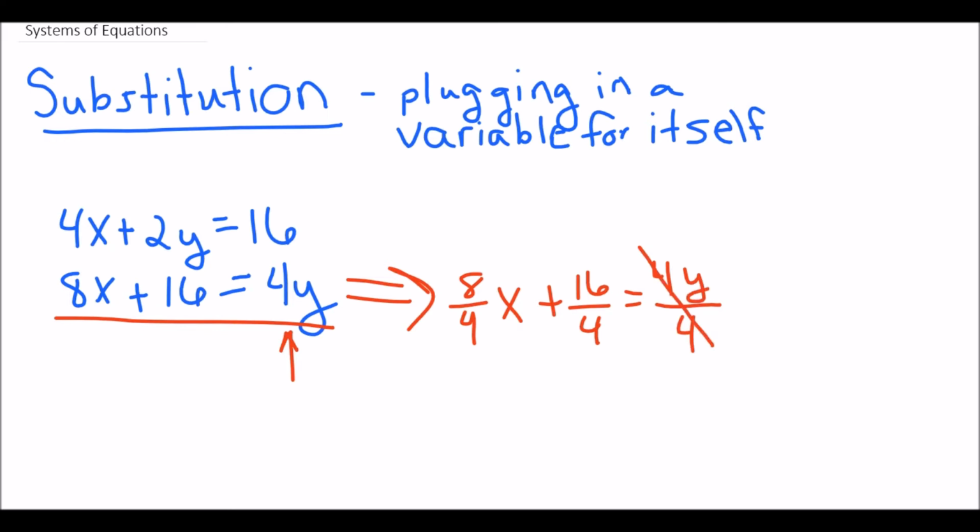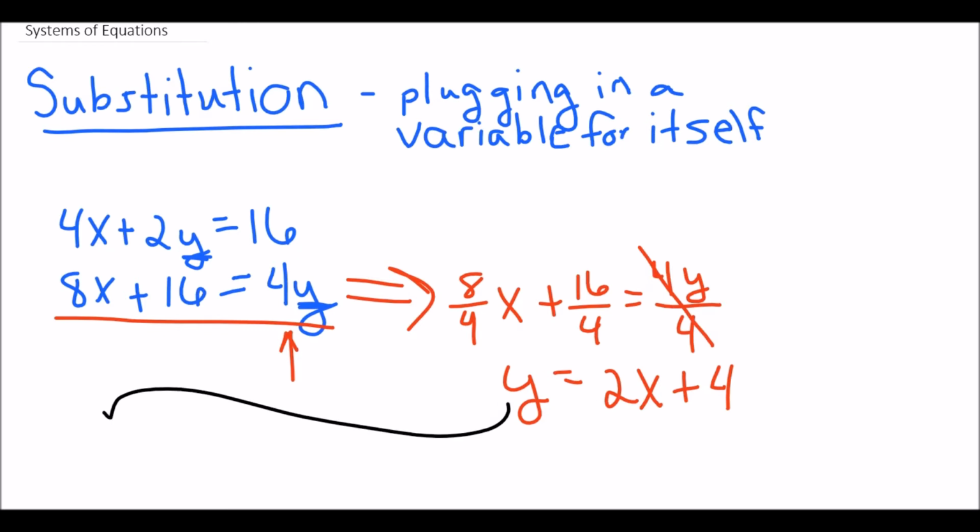That crosses out. And then if we just simplify and rearrange, you get y = 2x + 4. So we know that has to be the value of y. And we know that this value of y and this value of y are the same thing. So we can plug it in for itself.